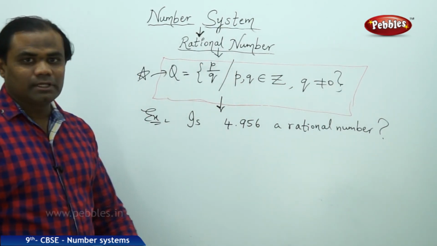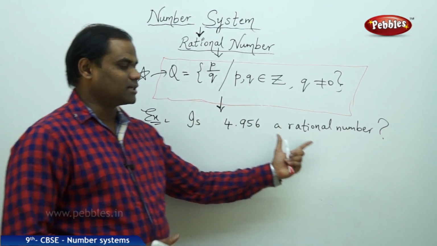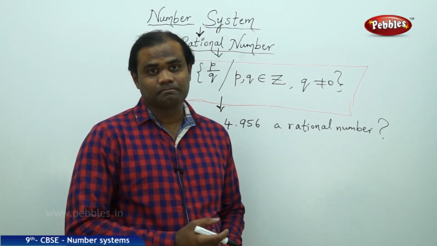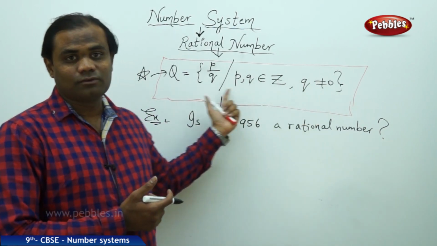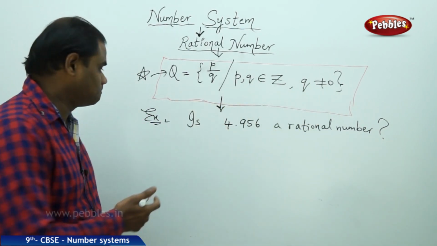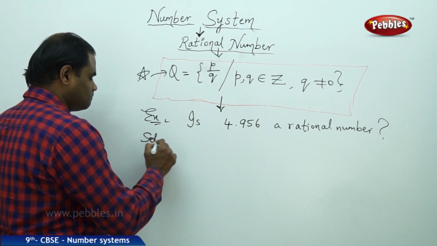So my question here is, is 4.956 a rational number? Let's see based on the two tests applied for this basic definition.